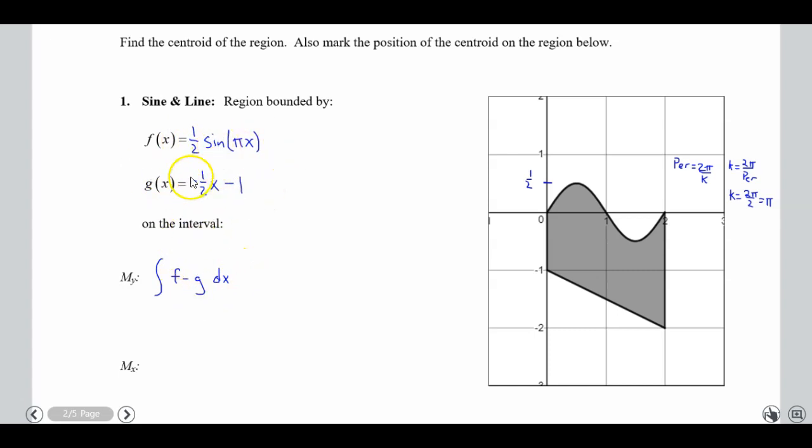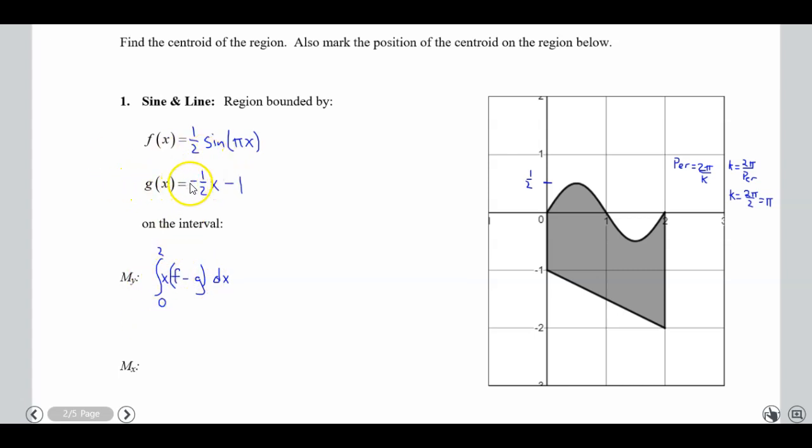You certainly could do those. These aren't too hard to do, but that's not really the idea I want to get across here. It's just setting these up. We've got 0 to 2 as our bounds, so we'll go 0 to 2. And right now this is just the area, so don't forget that f minus g is multiplied by x.